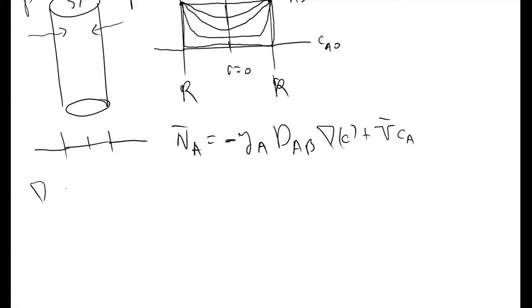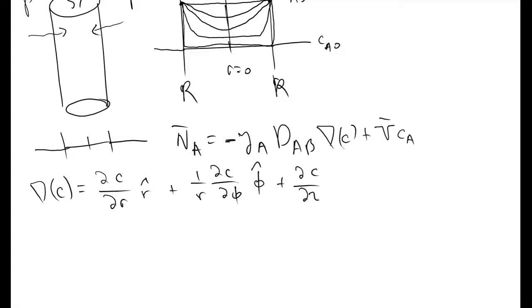As a side note, because we are working in cylindrical coordinates, the gradient of C is equal to dc dr, the partial derivative of your concentration in the r direction, times the radial vector, plus 1 over r dc d phi, the partial derivative of your concentration in phi, times the phi unit vector, plus dc dz times the z unit vector.